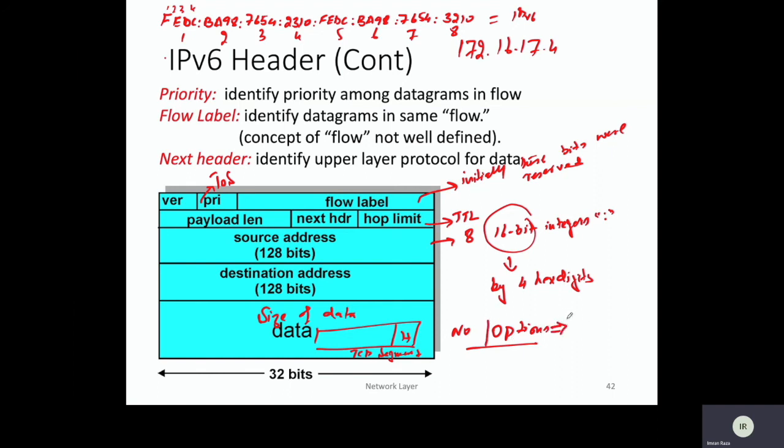But this can be indicated by this next header field. But most importantly, this is not part of the header of IP version 6 directly, and that's why its overhead is less. Similarly, there is no checksum here, right?